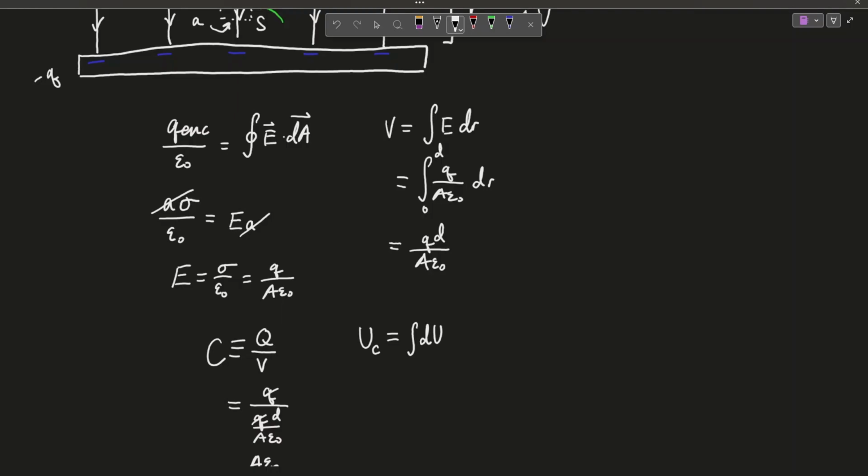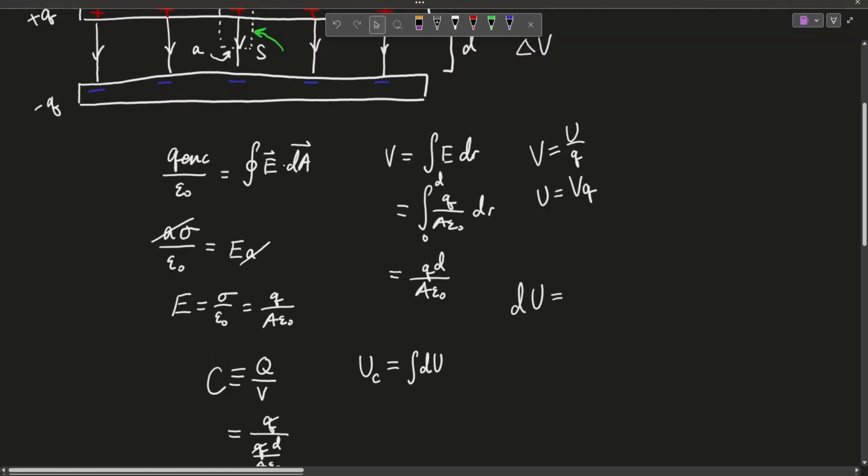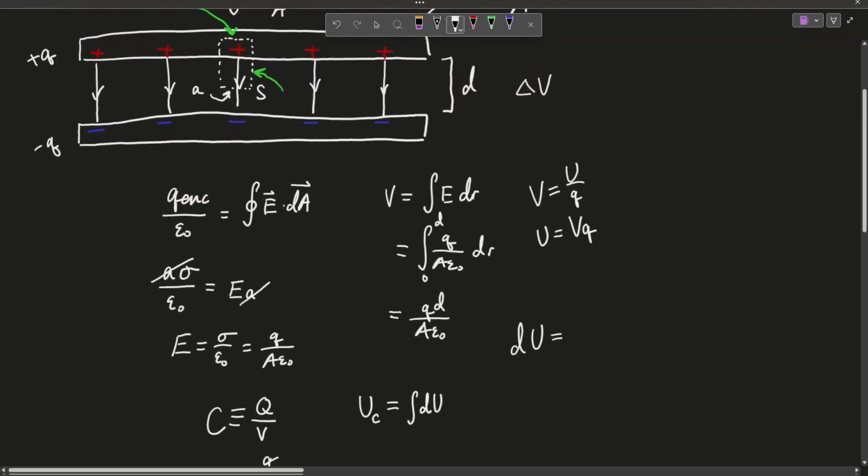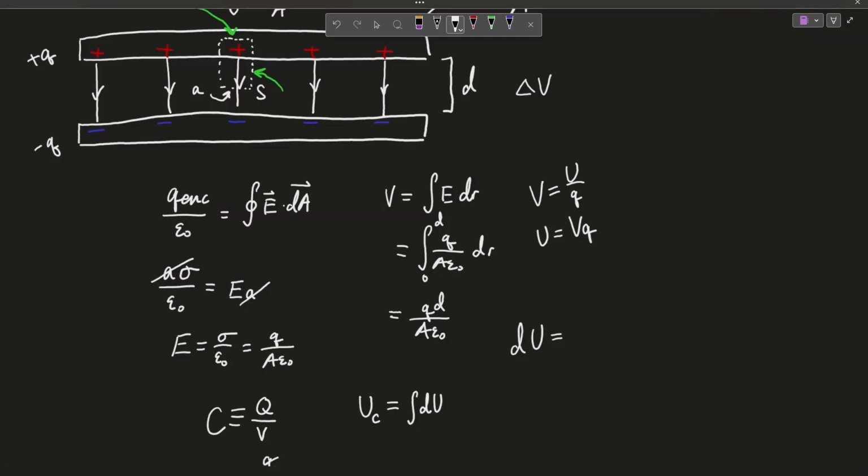We're going to look at how much potential energy is expended per little bit of charge that we let across the gap. So dU: V is defined as potential energy divided by charge, so U is of course V times charge. So then dU, we'll find, is the voltage that each little charge sees on the other plate times that little bit of charge itself.